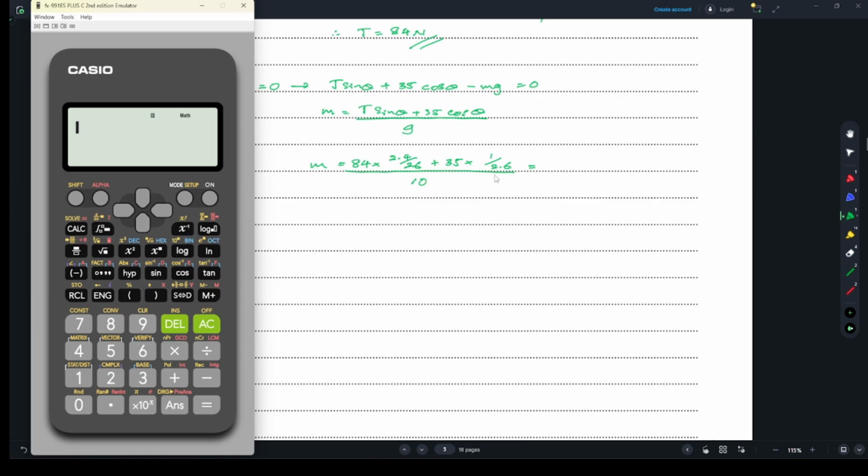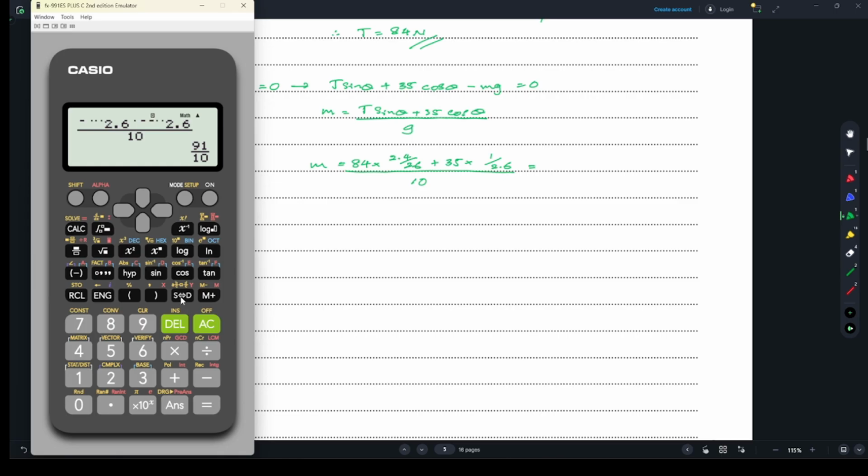Here we have a division, so 84 times 2.4 divided by 2.6, plus 35 times 1 over 2.6, and total divided by 10.